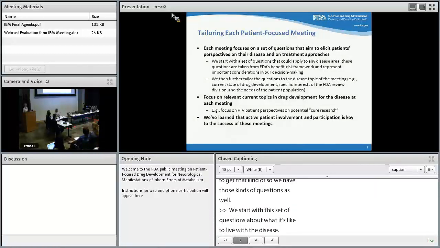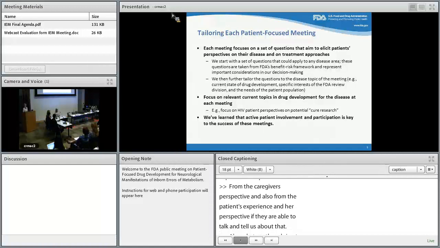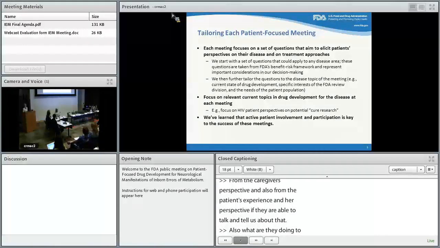But we start with a set of questions about what it's like to live with the disease, what are the most bothersome, most important impacts on the patient's life, from a caregiver's perspective, also directly from a patient's experience and their perspective, if they're able to tell us about that. And then also, what are they doing to treat their disease are the two major themes. And these are important aspects of our benefit risk assessment.